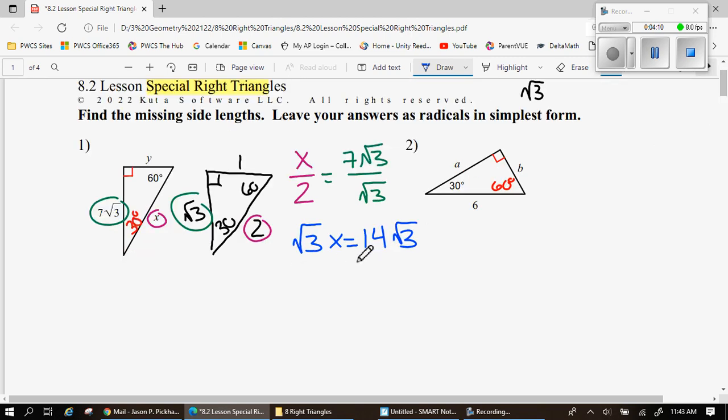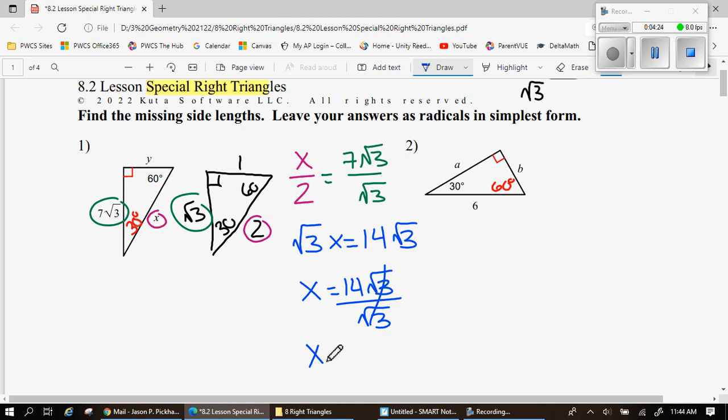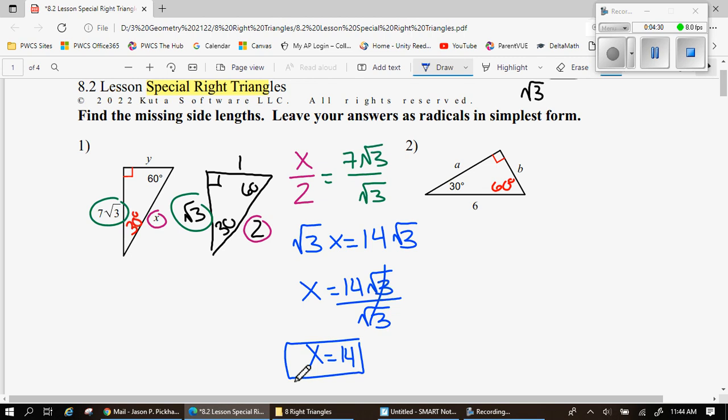Then I'm going to divide both sides by the square root of 3. When I do that, I have a root 3 on the top and on the bottom, so those are going to cancel, and I can find that the hypotenuse is 14. So I'm just going to put 14 over here.